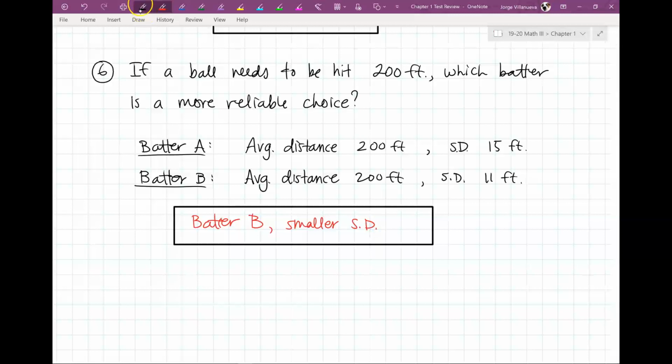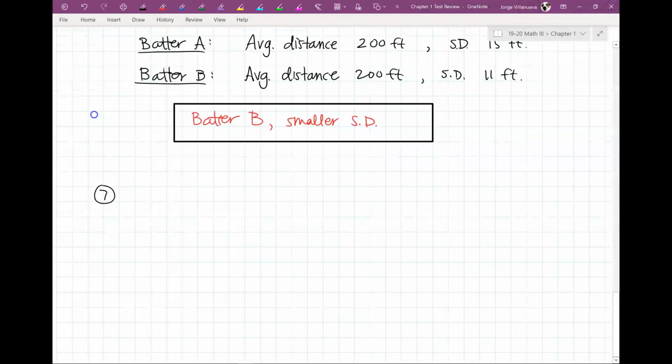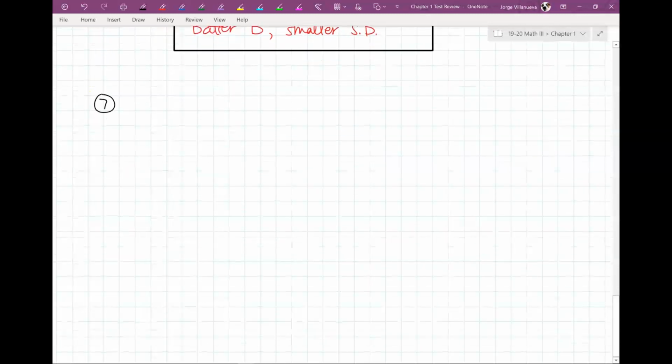All right, now we did do box and whisker plots, so there will be some of those. Okay, so let me draw one for you guys here. It's going to look a little different than what we're used to, but it's okay. Same idea.